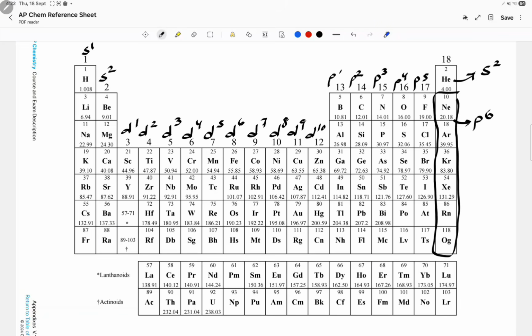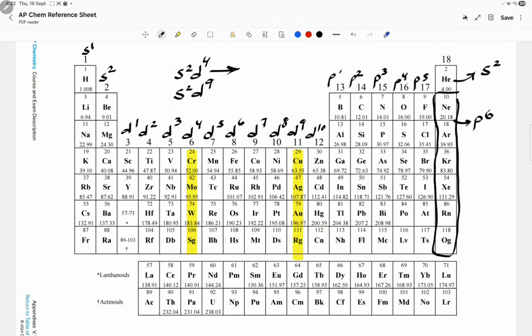Now, one thing you have to note here, though, is that D4 and D9 have a special rule. Even though I say it has to end in D4, it should not end in D4. Why is that? Whenever you have S2 and D4, this is not acceptable. And whenever you have S2 and D9, also not acceptable.